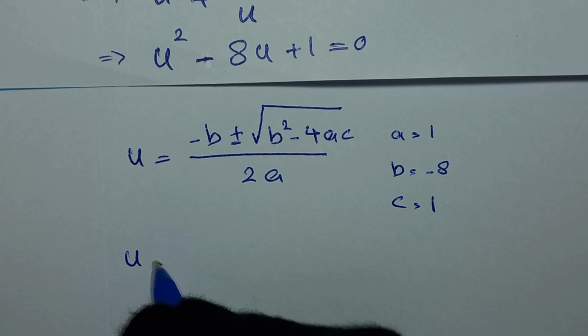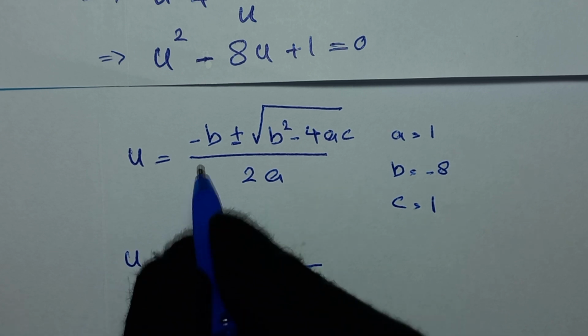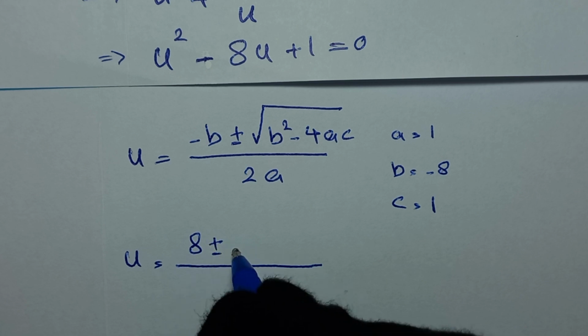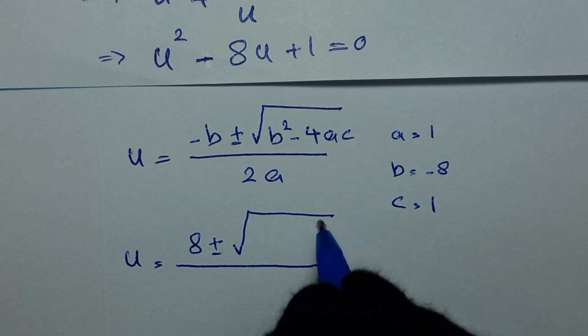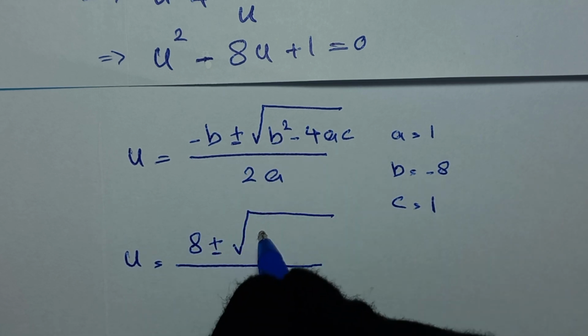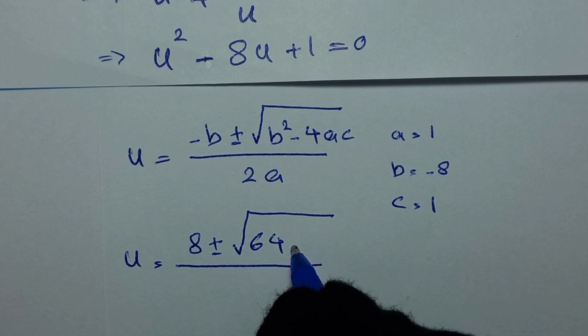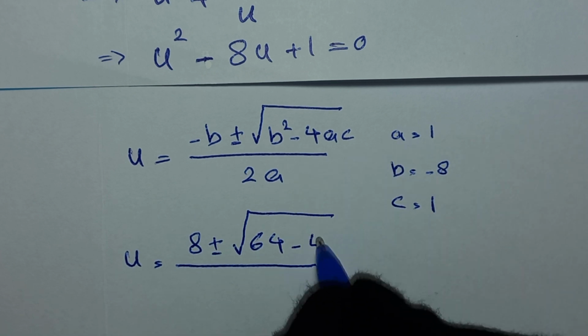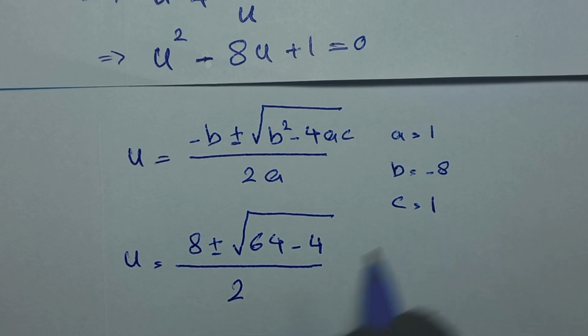So u is equal to negative b, negative 8 is positive 8, plus or minus square root of b square, which is 64, minus 4ac, where a times c is 1 and times 4 is 4, over 2 times 1.